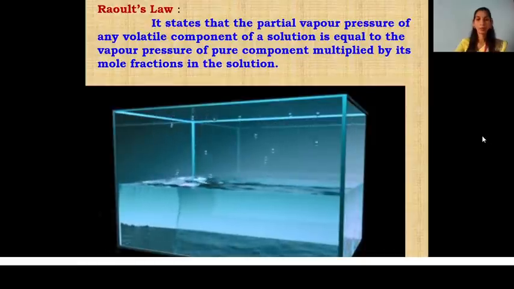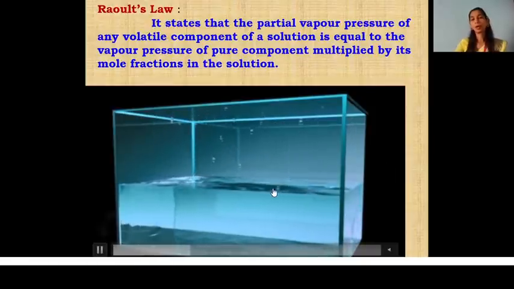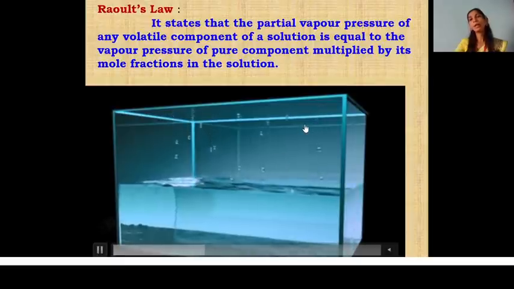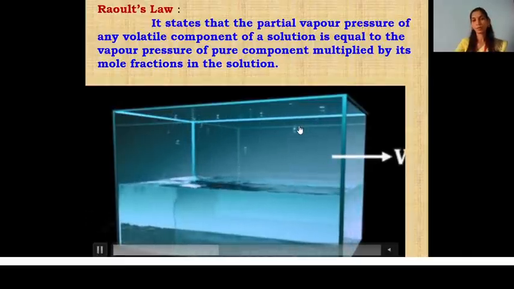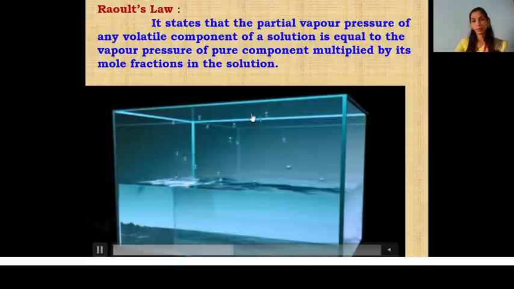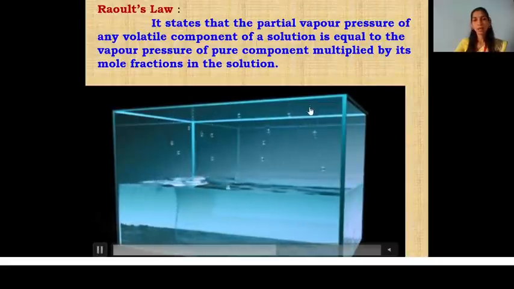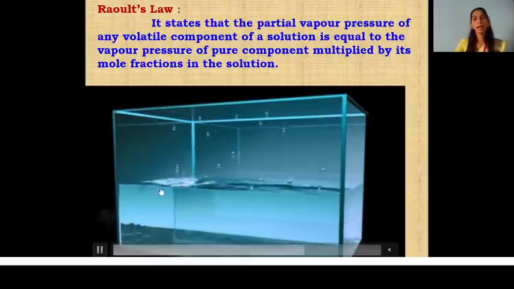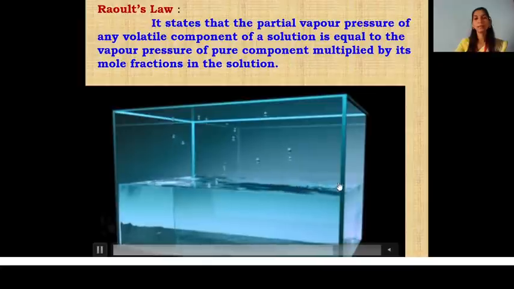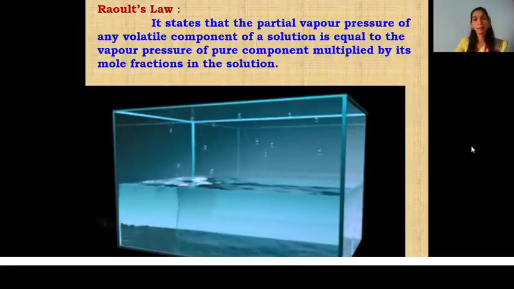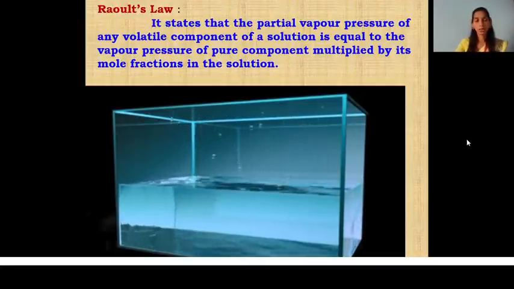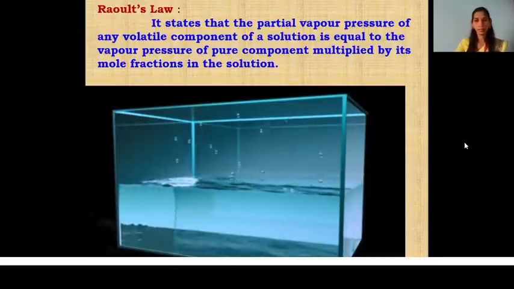When we start to give heat, the particles of water are converted into vapors, and when the vapors reach the top, they can't go out, so they reverse back and apply a pressure on the surface of the liquid. This is an example of how vapor pressure is created.